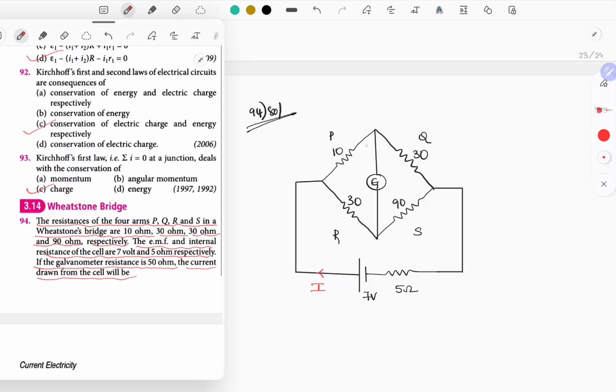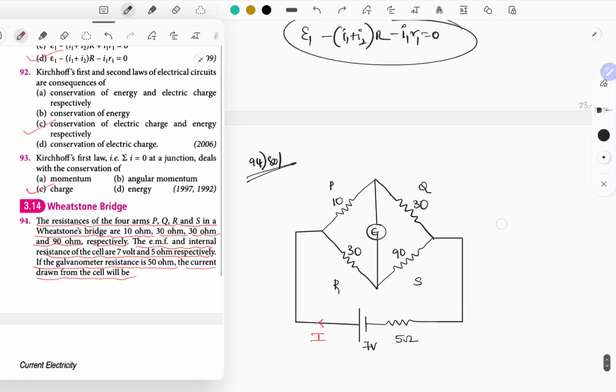If the product of opposite resistances are equal, then the bridge is going to be balanced. Just observe here. These two, 10 into 90, is 900, and these two, 30 into 30, is 900. So we know the balancing condition. What's the balancing condition?